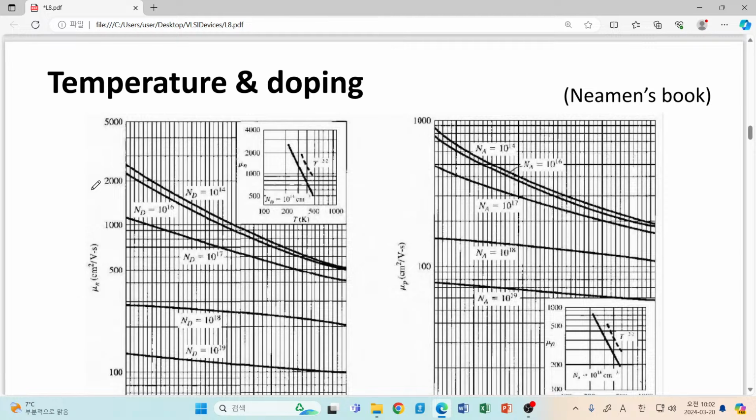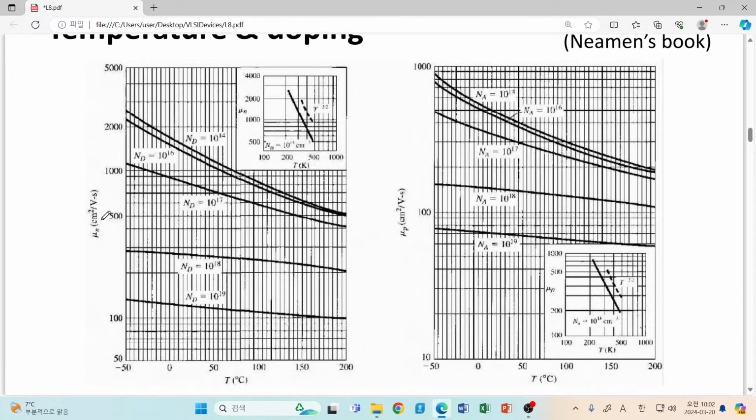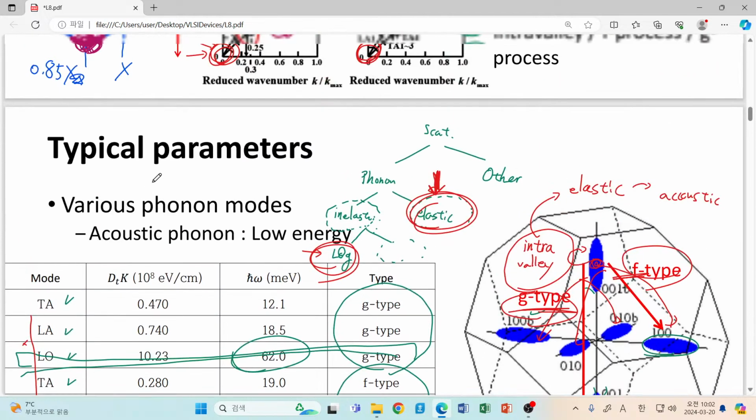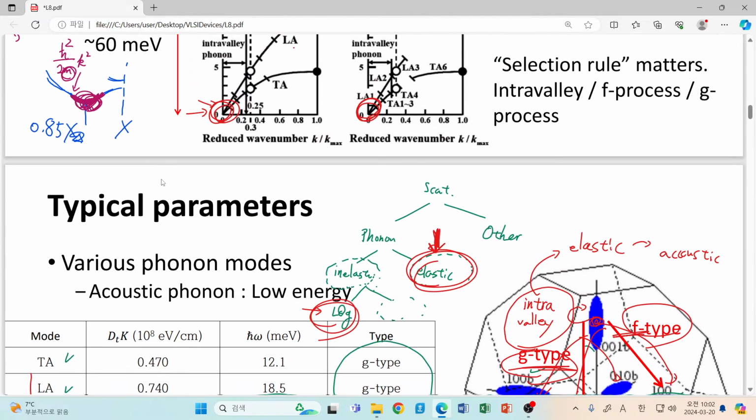Now we are talking about the temperature and doping dependence. But please note that up to now we have considered the scattering by phonons. It means that even when we have perfectly pure silicon, this phonon scattering will exist.